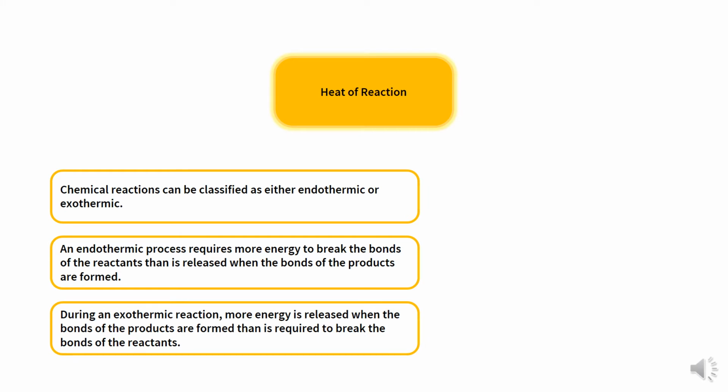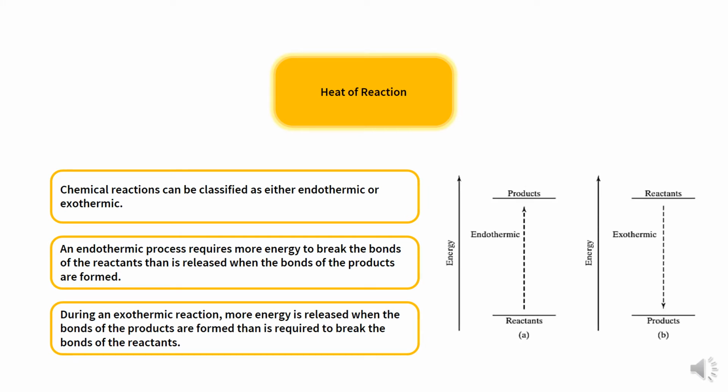It can be seen in figure A. But for the exothermic reaction, more energy is released when the bonds of products are formed than is required to break the bonds of the reactants, which is shown in figure B. For example, an endothermic process is photosynthesis, and an exothermic process is glycolysis.